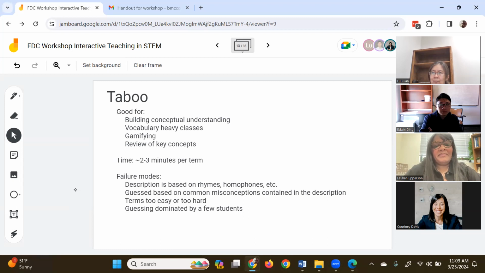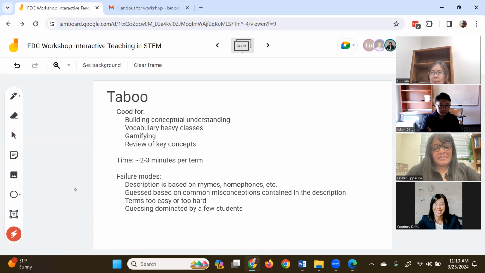It can go pretty quick. You just saw how fast it was going. That was probably less than 2 minutes per term, because you're good at it. You've explained these things to lots of people. If students are doing it and they're struggling a little bit more, they need a little bit more time. You as the instructor can also jump in and give hints if they're really struggling with it.